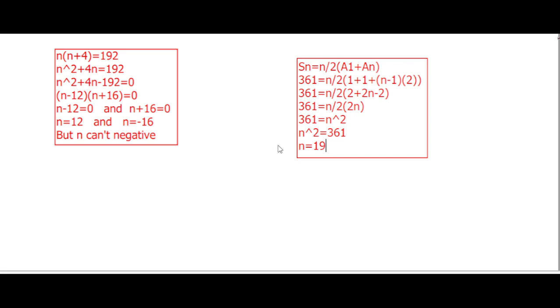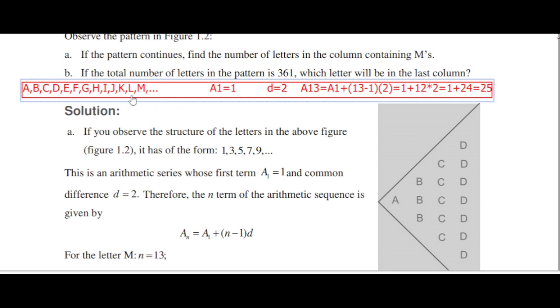19. What does the question say? If the total number of letters in the pattern is 361, which letter will be in the last column? This M is the 13th.